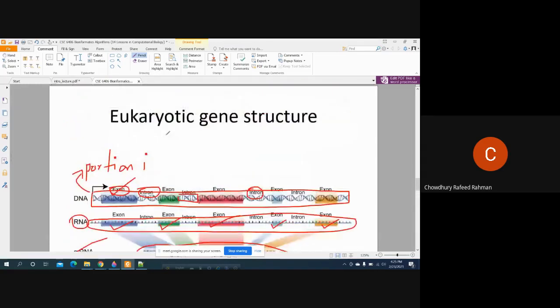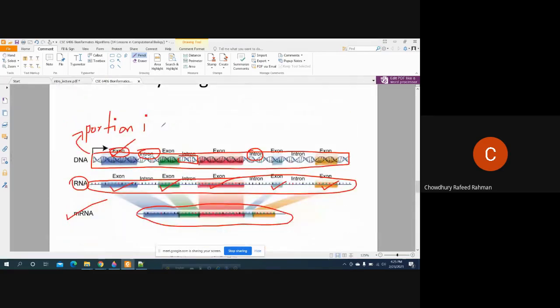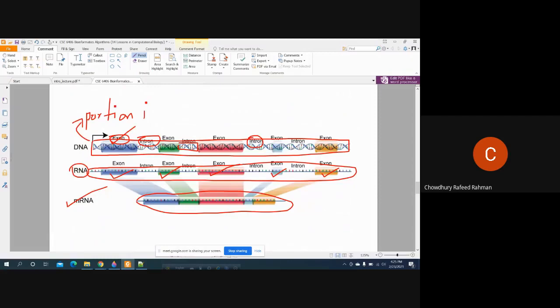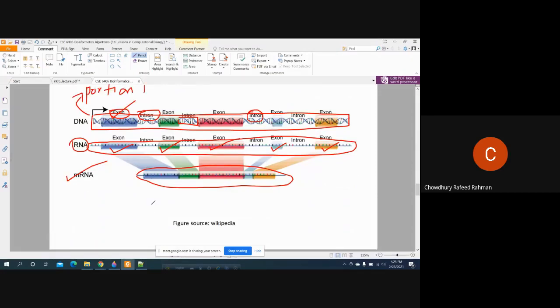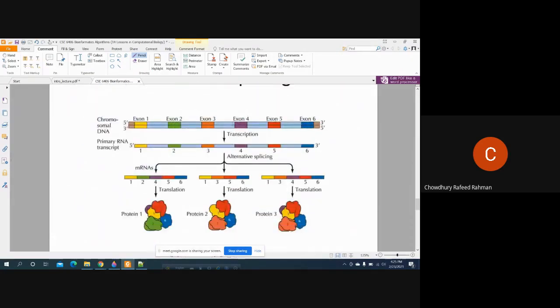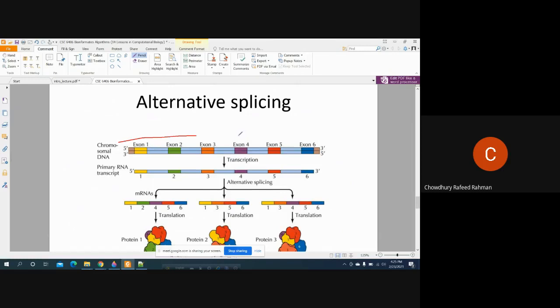So this was an oversimplified explanation of how mRNA is created from a DNA. Let us go into a little bit more depth of how mRNA is actually created from the DNA. Suppose this is a small portion of DNA.